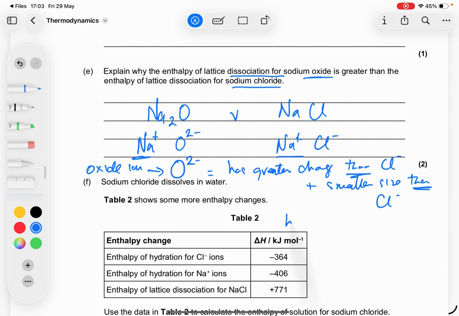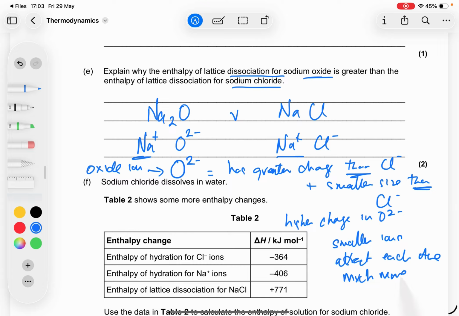Therefore, you have higher charge density in O2 minus, which means smaller ions attract each other much more strongly. Or better to say this, therefore the force of attraction between sodium ion and oxide ion is much stronger than the force of attraction between Na plus and Cl minus, and that is basically the way to answer this.